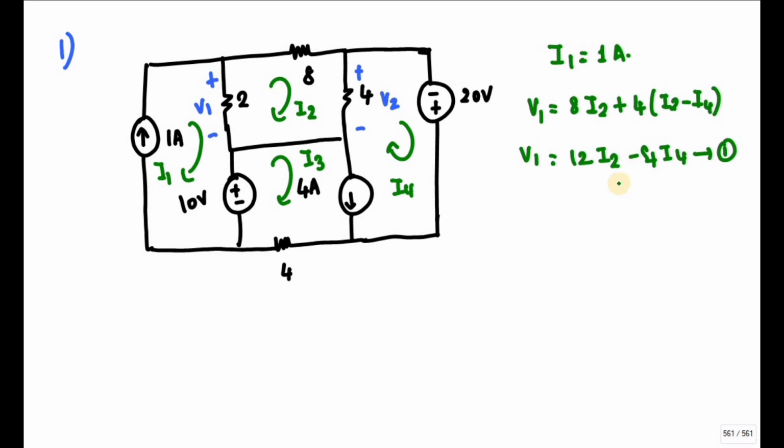You can see 4 into I2 minus I4 I can write as V2. Basically, I need to find the value of V1. So V1 is equal to 2 into I1 minus I2.